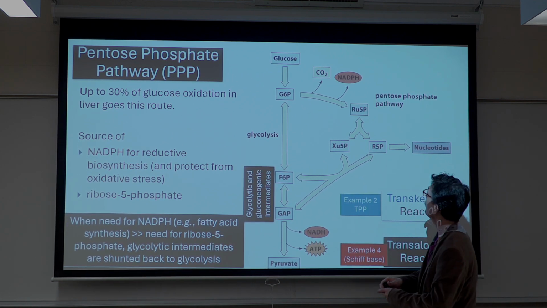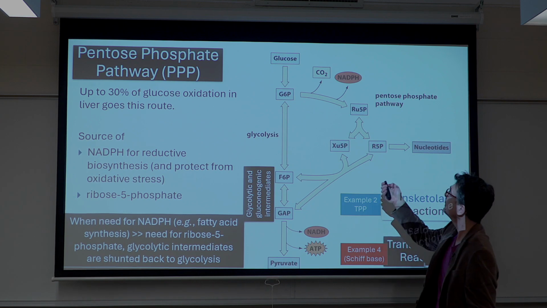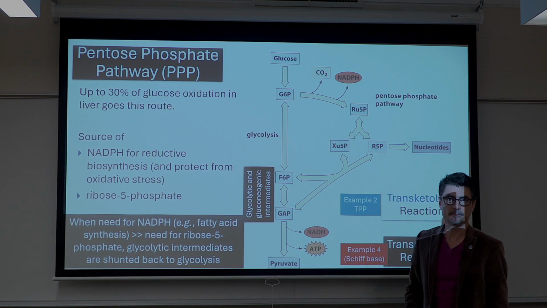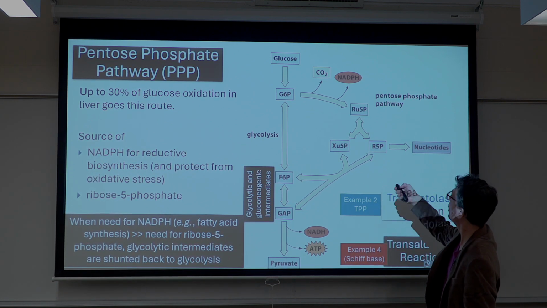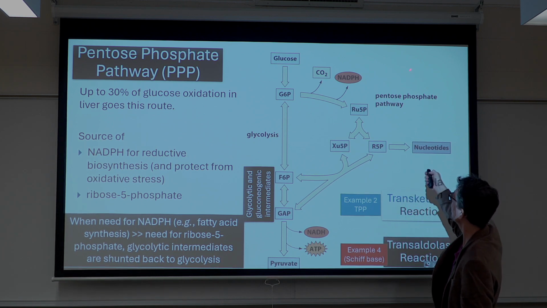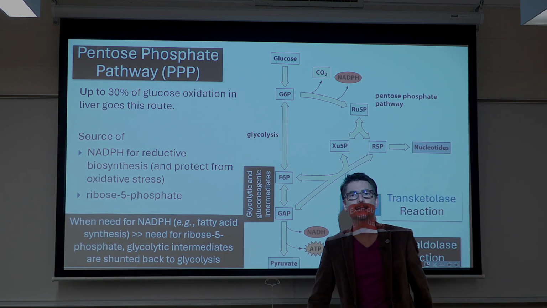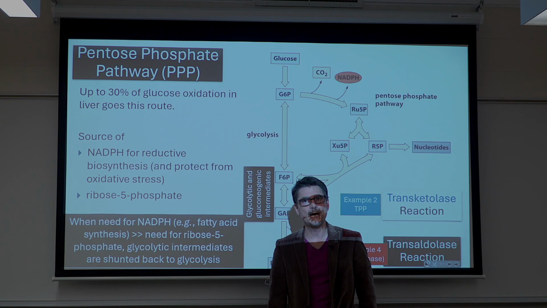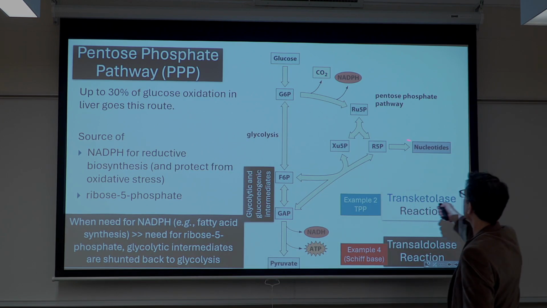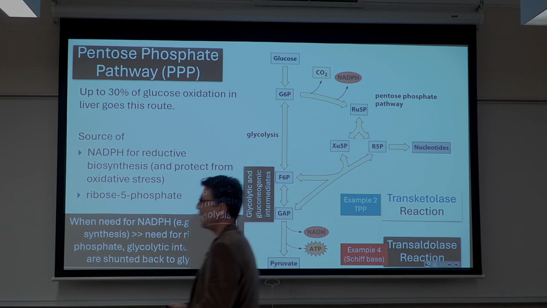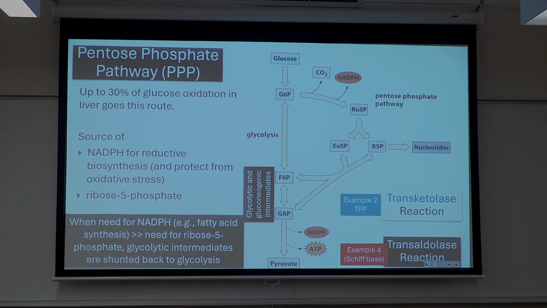Okay. Now, if you need a lot of NADPH, right, you're pulling that strong to make molecules like fatty acids, but you don't need to make a bunch of nucleotides, well then there's no reason to go there. And so this pathway is very flexible.